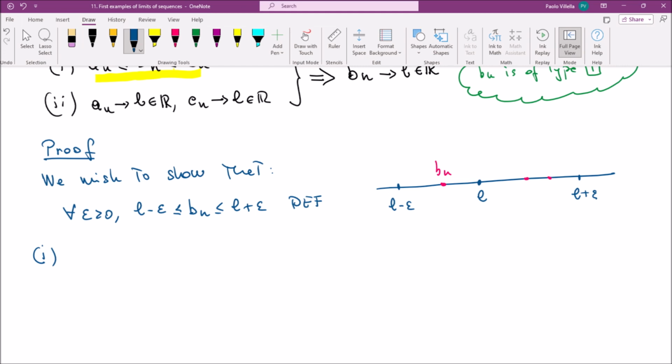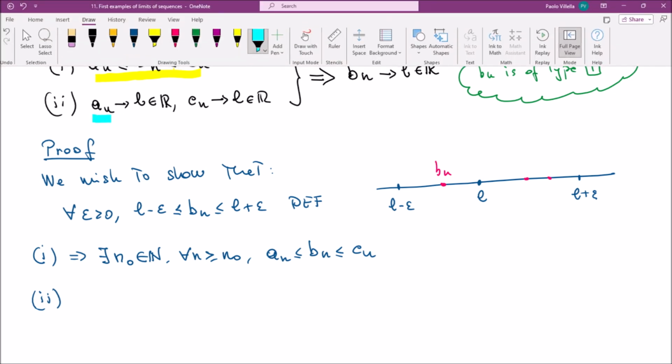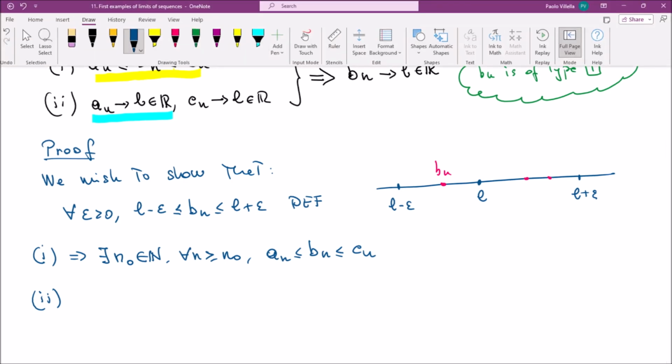Okay, so that implies that there exists at least one n0 natural number such that for every n larger than or equal to n0, we have that Bn is to the right of An and to the left of Cn. This is the meaning of definitively. From condition 2, and specifically from this part of condition 2, we can translate this in symbols, okay?